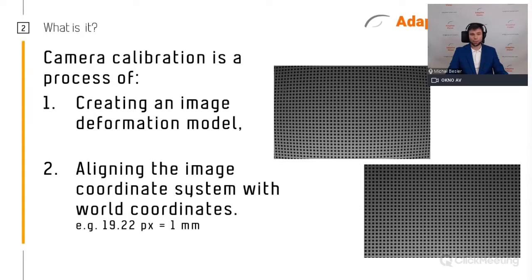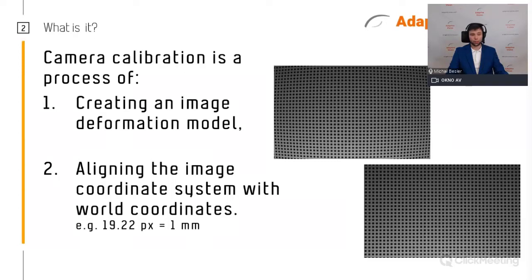Another requirement related to camera calibration is aligning the image coordinate system with world coordinates. Image acquisition is a process of data quantization. So we are saving the continuous object on our scene into a limited number of elements, which are our pixels.